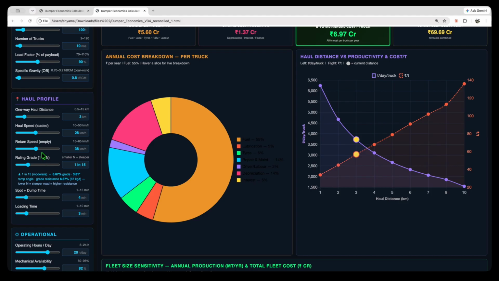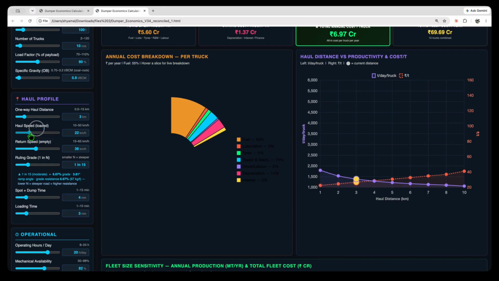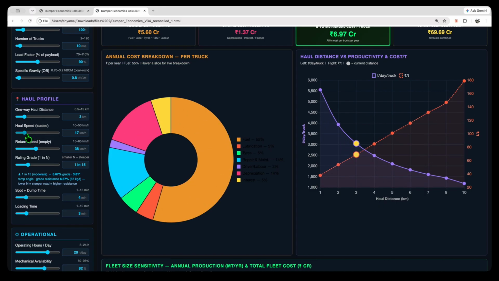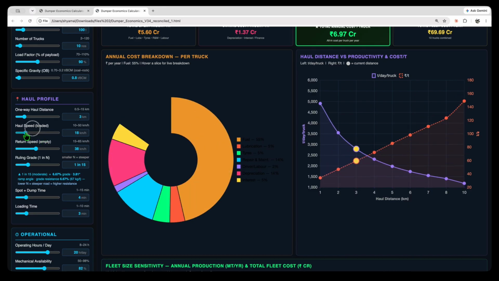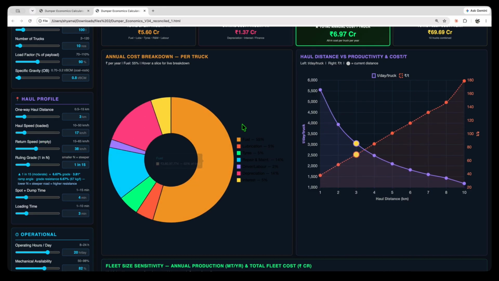Then another important thing is the haul speed. With an increase or decrease of the haul speed, again the productivity will change. Suppose I make the loaded haul speed, say, 17 km per hour.